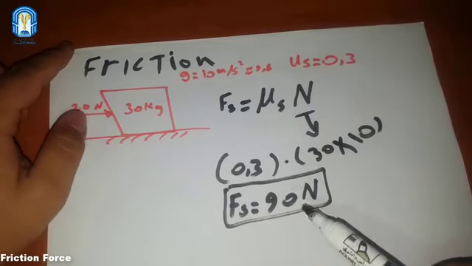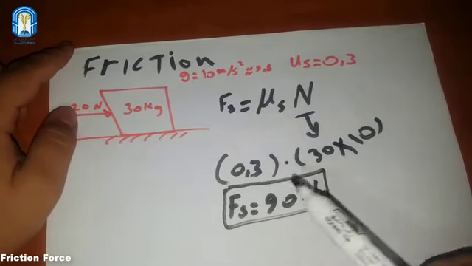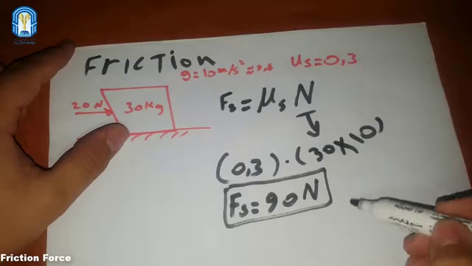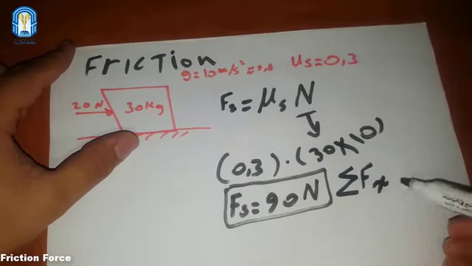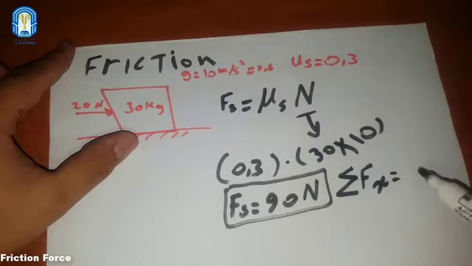To know the minimum force to move this box, we use Newton's laws. Summation Fx equals all of the force in the x direction.